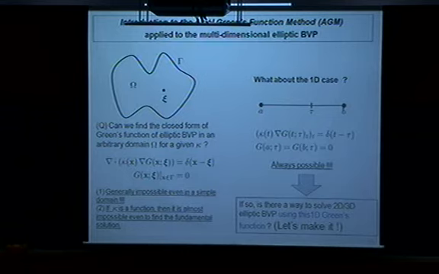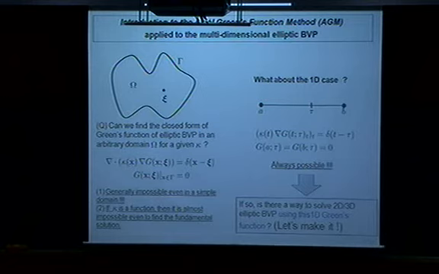So my question is, can we find, in general 2D or 3D domains, the closed form of the Green function of elliptic boundary value problems, in an arbitrary domain and a given kappa? But in general, it is impossible, even in a simple domain.